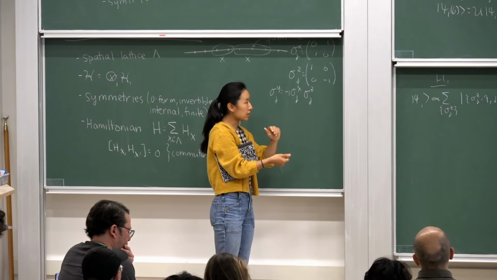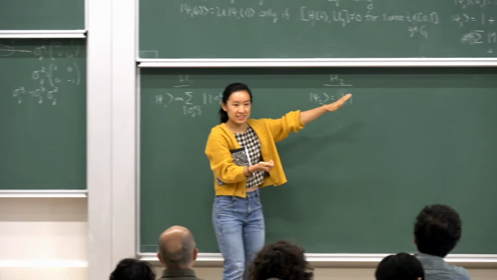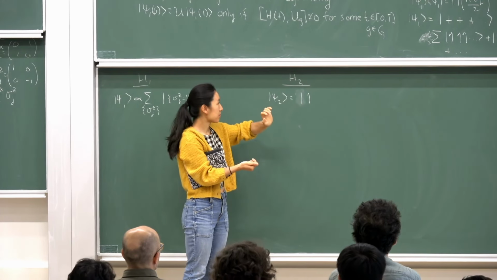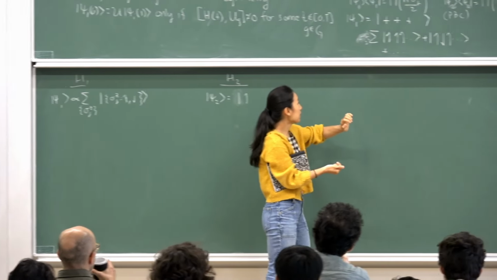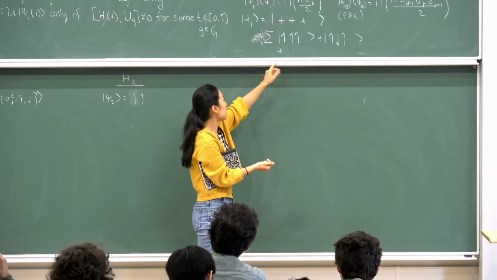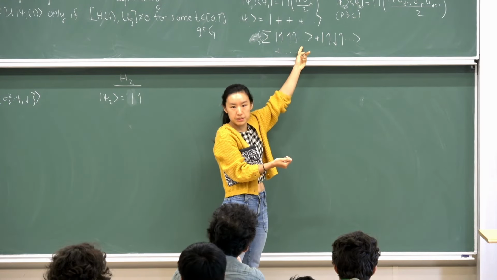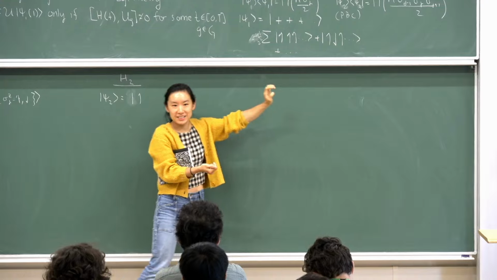If you sum over all the possible domain wall states in the sigma z basis, then you just get this plus state. So that dot there means that I sum over all of the possible choices of this spin being up and down, this one being up and down, this one being up and down. So that's why there's 1 over 2 to the L, the number of them. Oh, I see. Yeah.